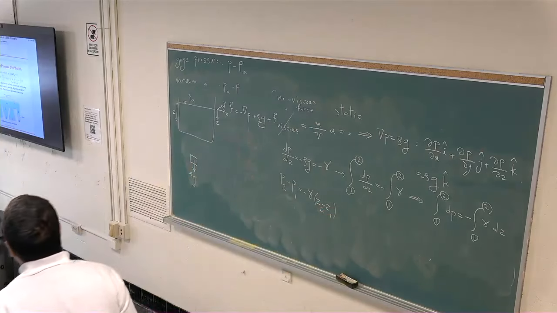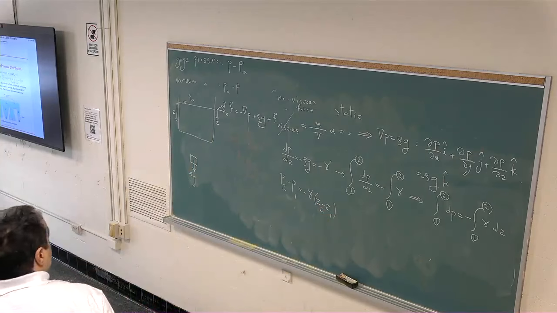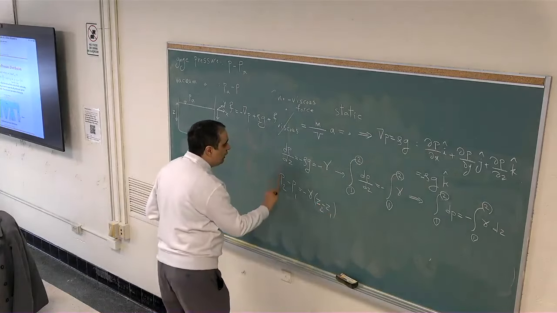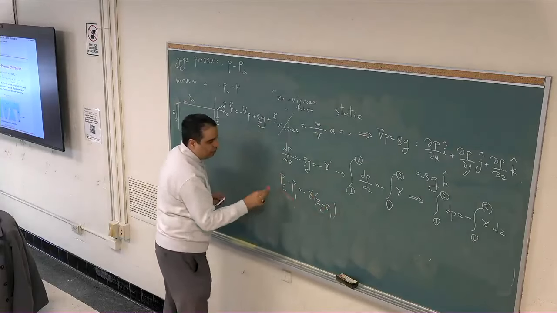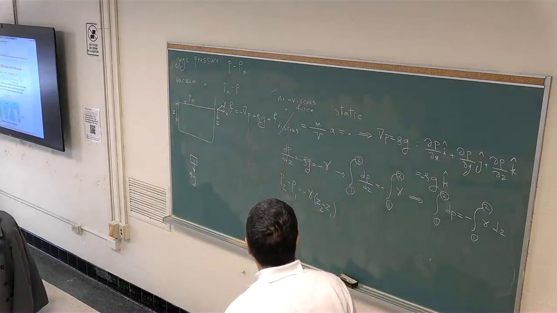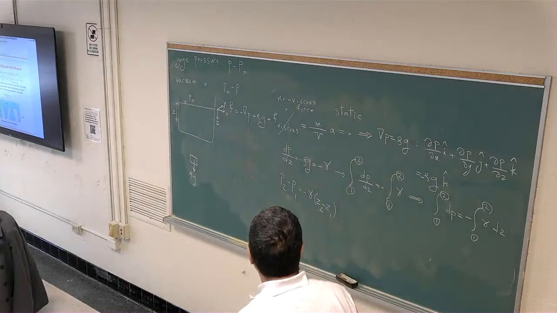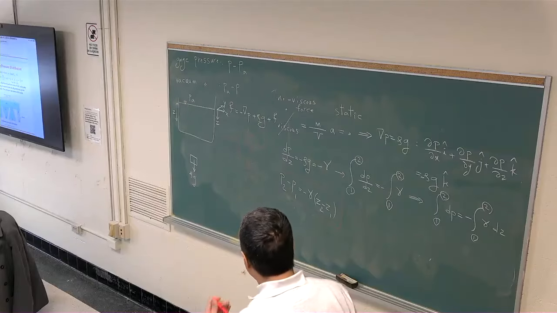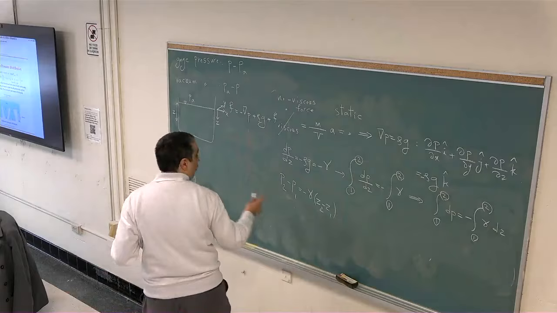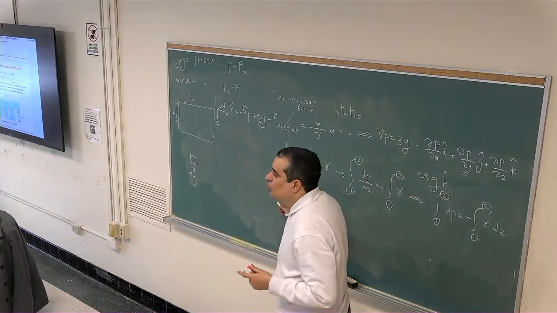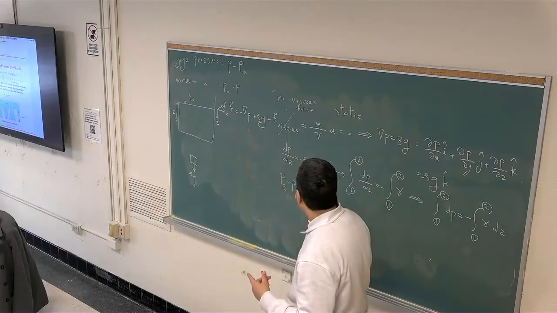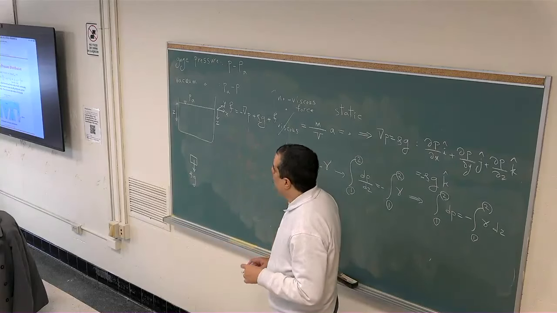P2 minus P1 is equal to minus gamma times Z2 minus Z1. It is the key equation that we have for our problem. Where is Z1? Z1 is the location where you measure P1. Where is Z2? The location where you measure P2.